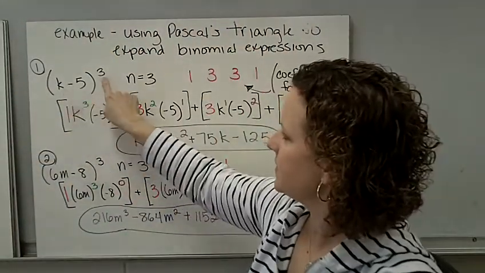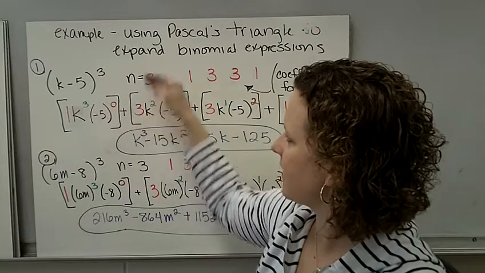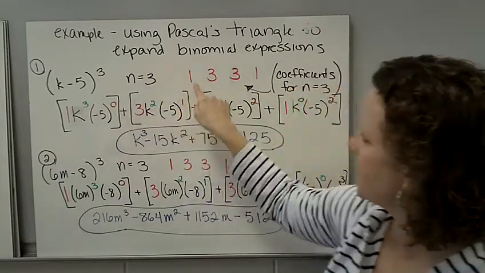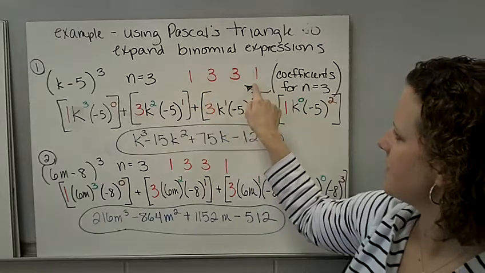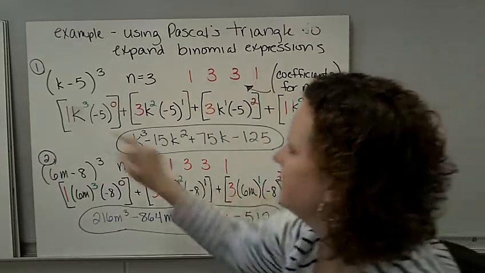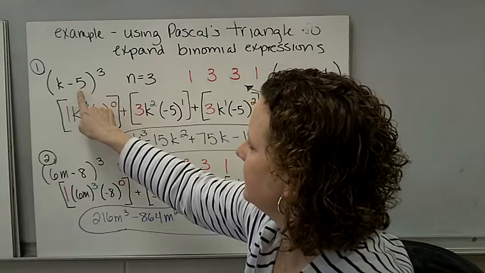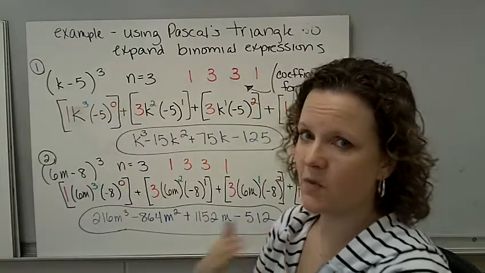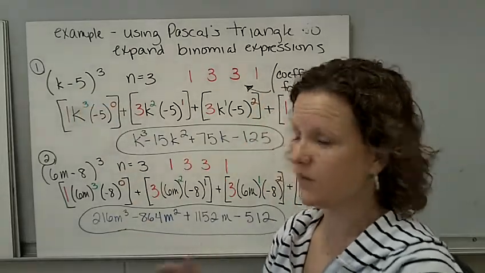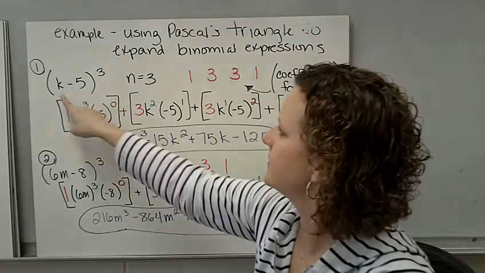First example, we're doing to the power of 3. So that's the third row of Pascal's triangle. These are the coefficients, 1, 3, 3, and 1. This is your A, and that's your B. I'm just going to point out the patterns to you, and hopefully as you work through one, it'll make sense.